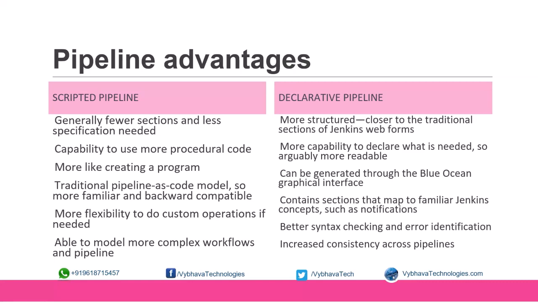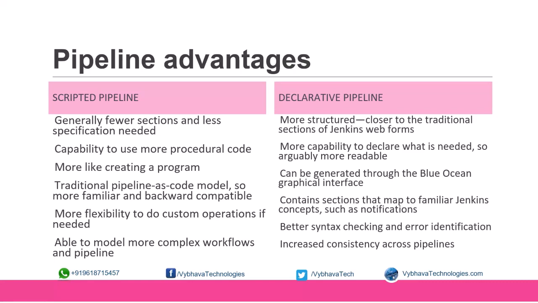Whereas in the declarative pipeline, you generally should have a GUI, and we have to interlink. And if you have the Blue Ocean graphical interface, that will show what step goes next. So that step name and the link to the next step will be showing in a graphical interface.